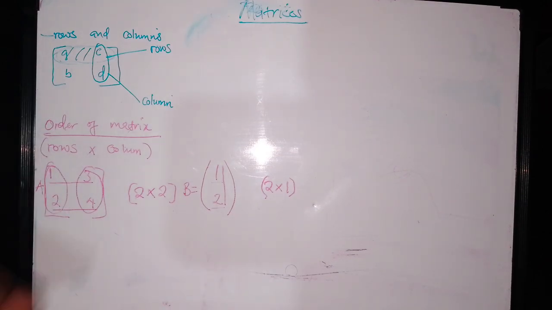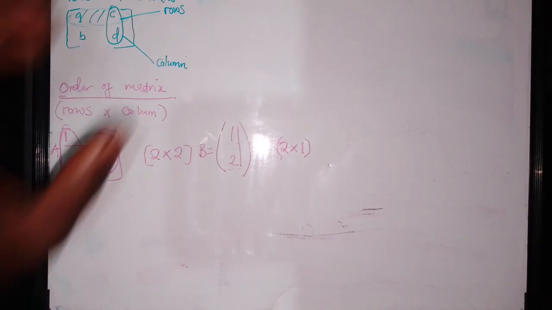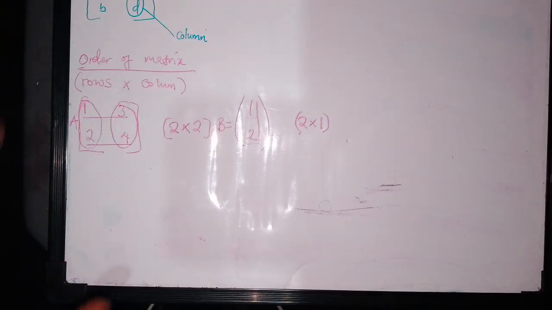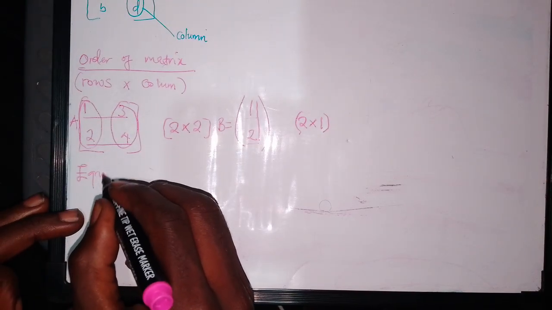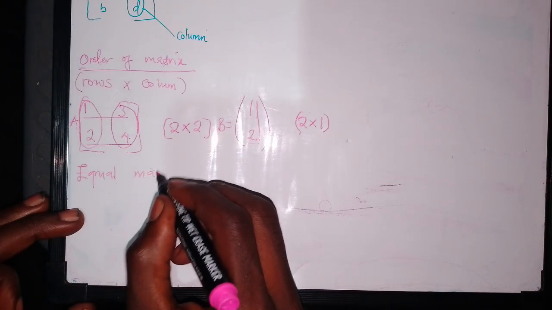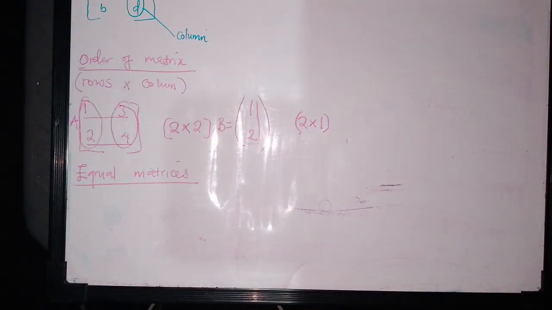Now, how does the order of a matrix help us in solving? It helps us in the sense that we have what are known as equal matrices. What do we mean when we say equal matrices? Equal matrices are matrices which have the same order.